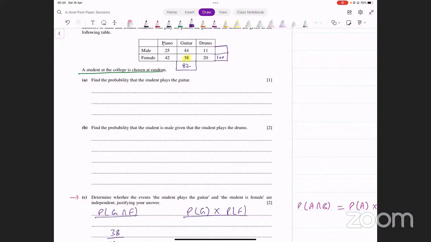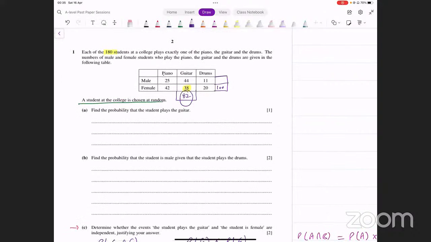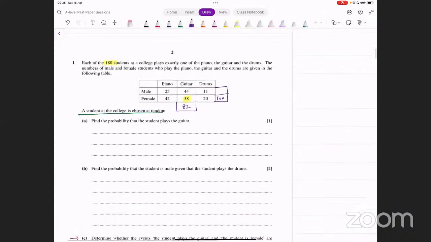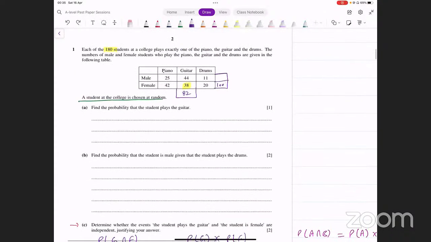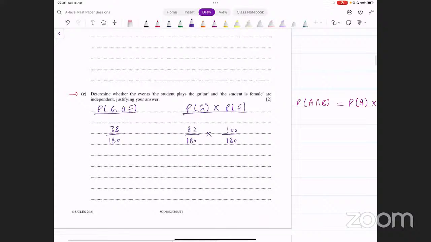So probability of a person playing guitar, what's that? 82 over 180, multiplied by the person being female, the person was chosen randomly. What is the probability of female? 100 over 180. Evaluate these with a calculator and simplify, and see what comes. 82 into 100 divided by 180 and 180.